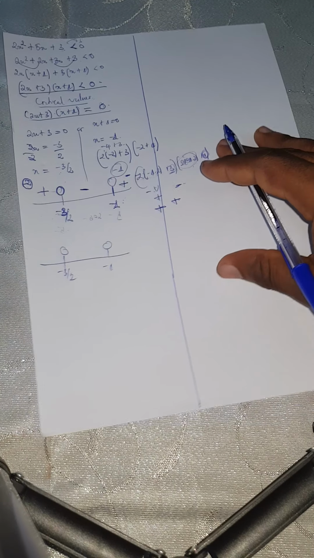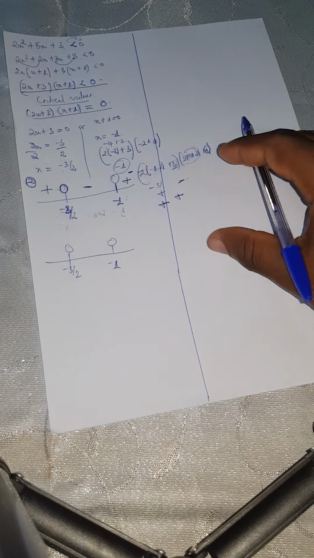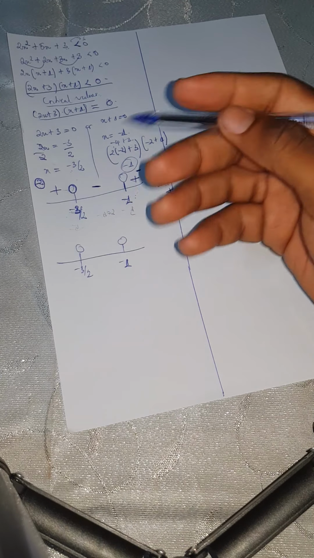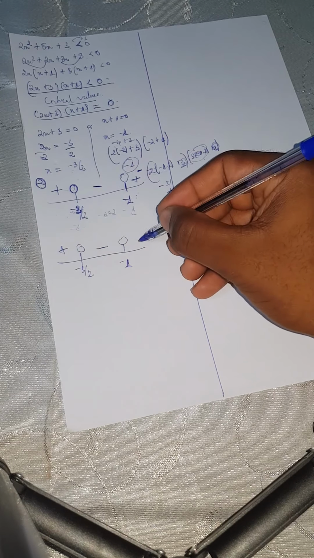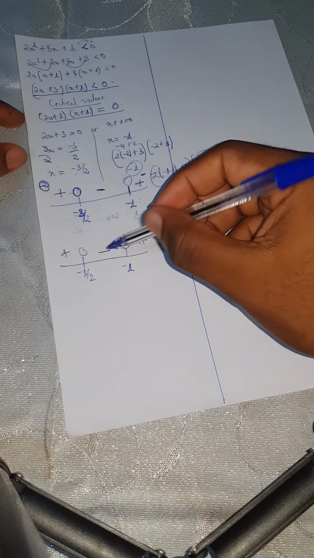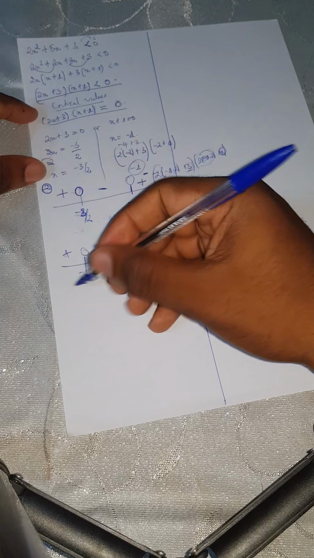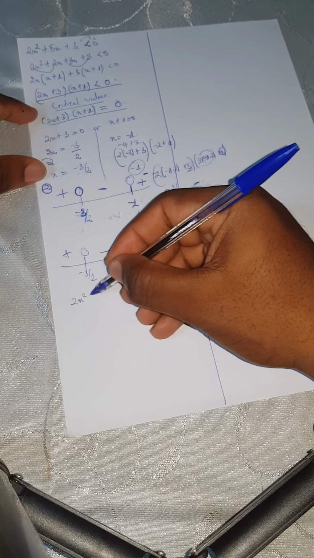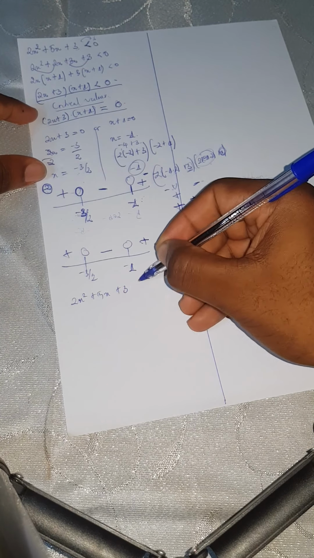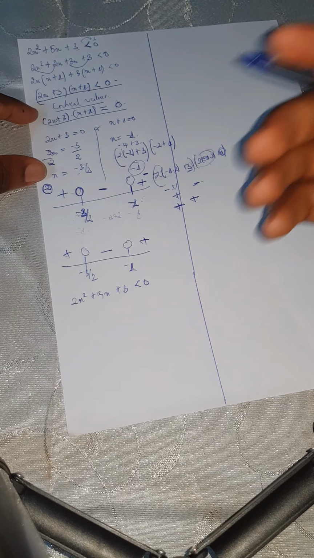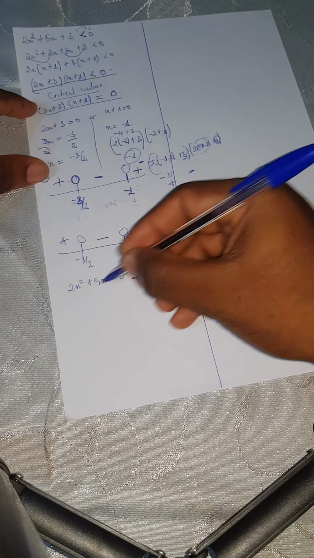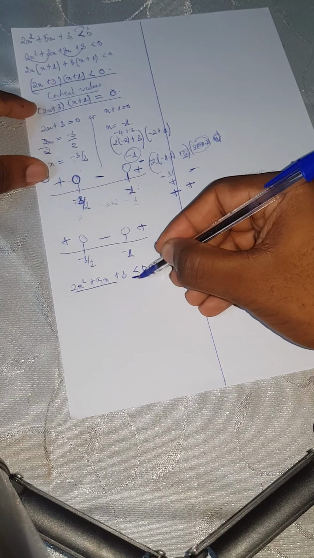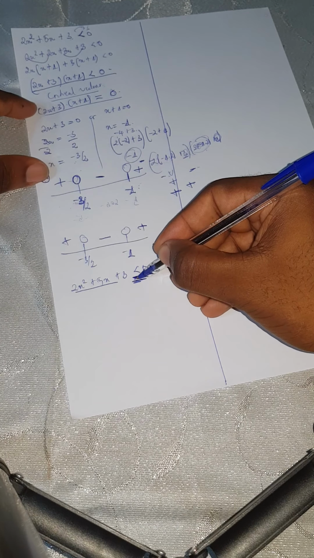Now, the thing we need to ask ourselves is, how are we to find the inequation from the number line we've just found? The inequation above is written as 2x squared plus 5x plus 3 less than 0. So the thing to keep in mind is that the quadratic function must always be less than 0.